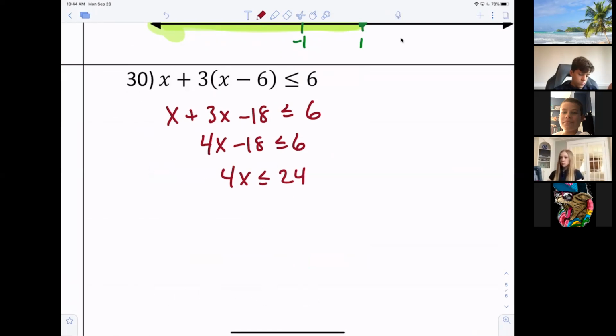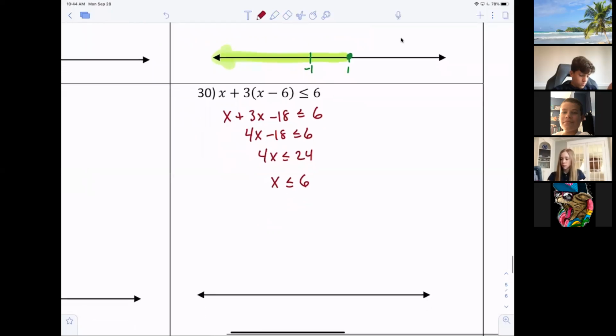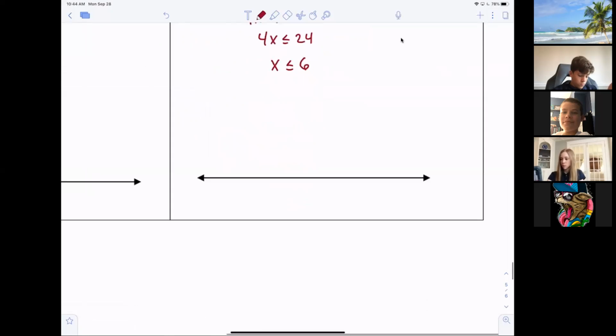So x has to be what? 6. X is less than or equal to 6. Solid or open? Solid. Going in which direction? Left.